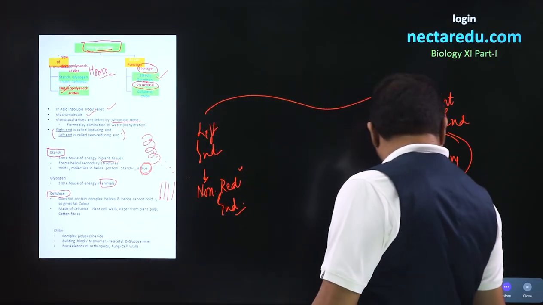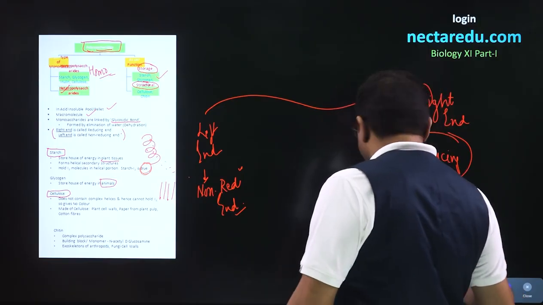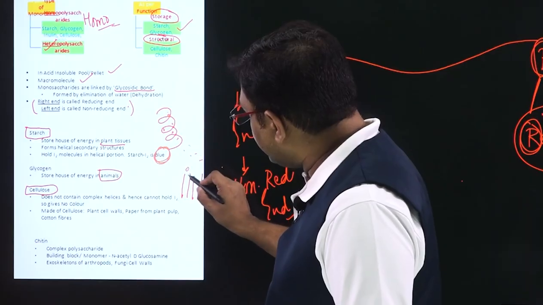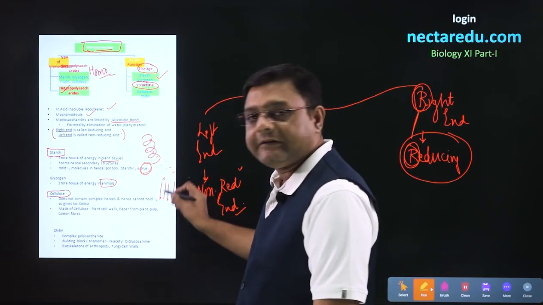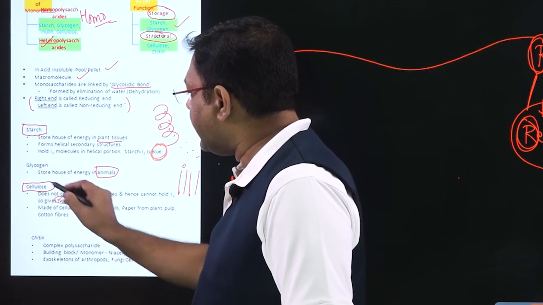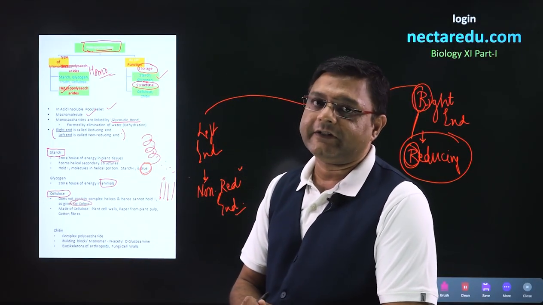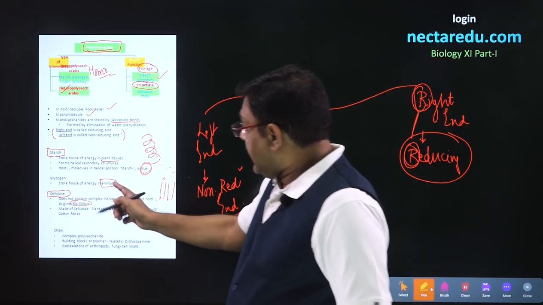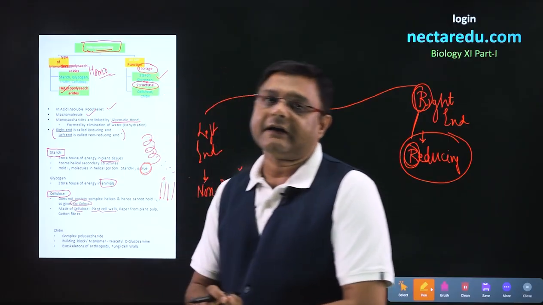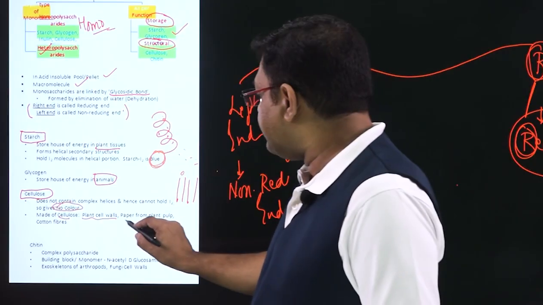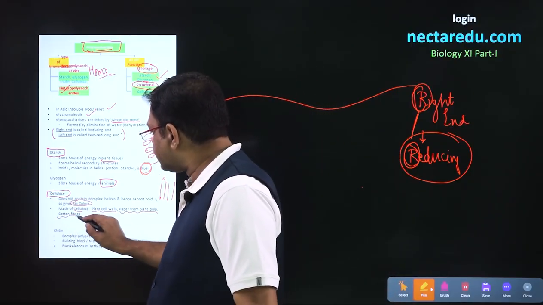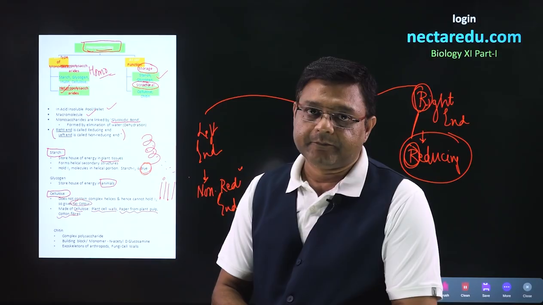If we pour iodine on these straight chains of cellulose, the iodine molecules will not be trapped, and that is why no color comes when cellulose is reacted with iodine. Plant cell walls are made of cellulose. Then the paper which we get from plant pulp, and a lot of cellulose is also present in cotton fibers.